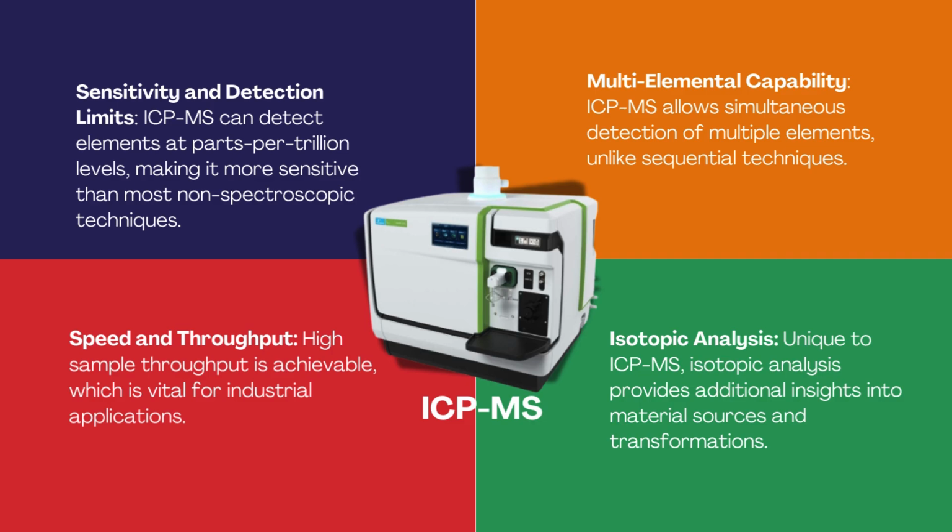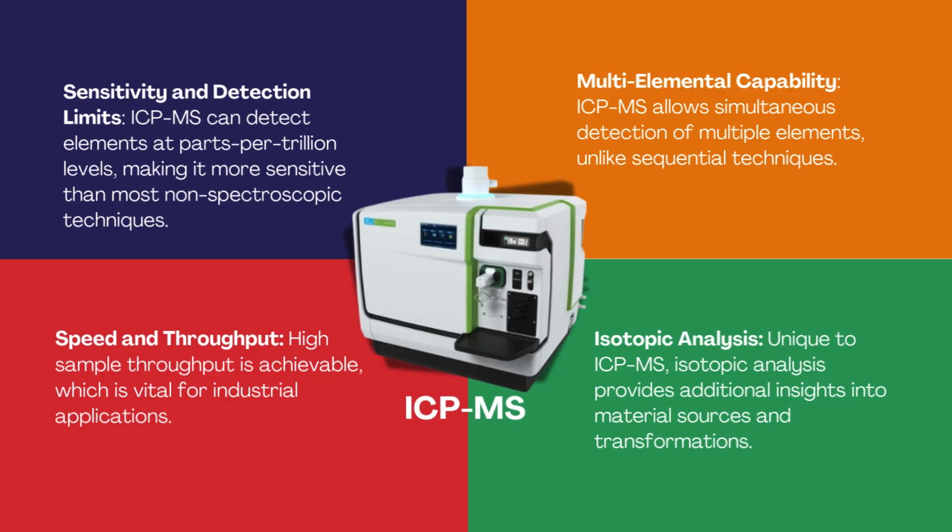This feature provides critical insights such as the origin of materials or isotopic variations. Lastly, speed, with its high sample throughput, ICP-MS can handle large volumes of data efficiently. These advantages make ICP-MS an indispensable tool in nanoparticle research and beyond.